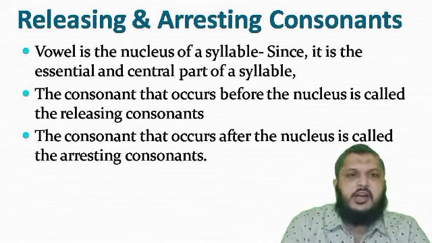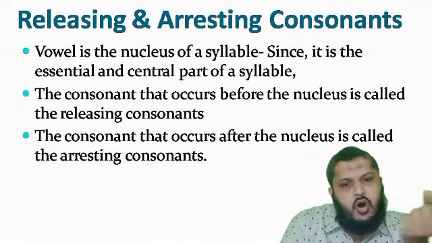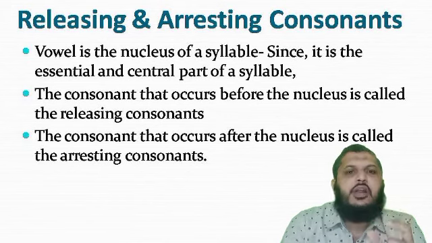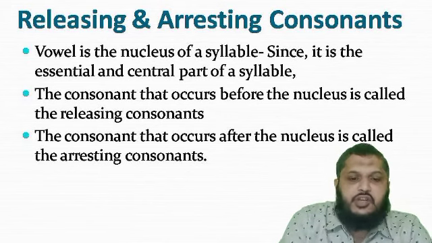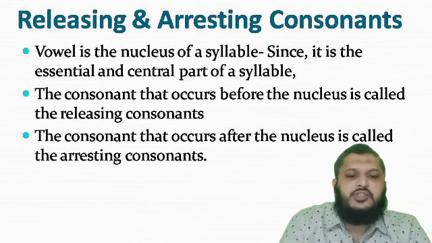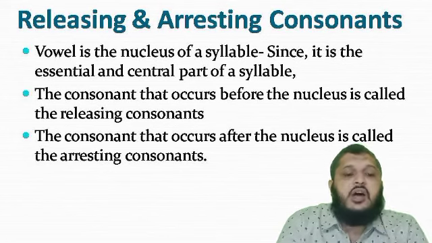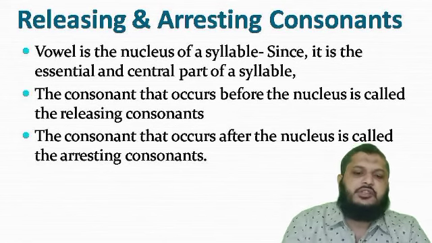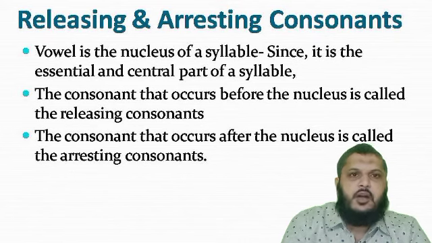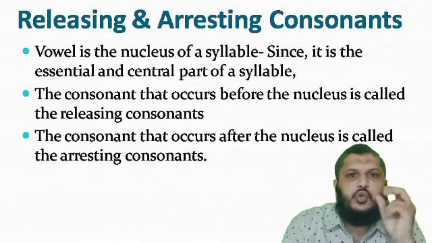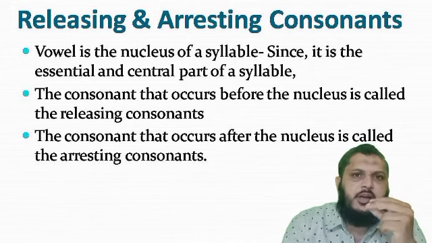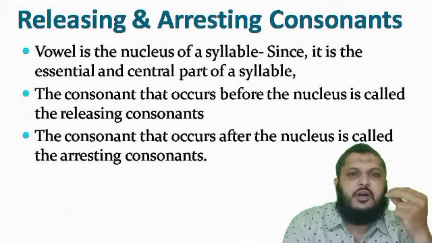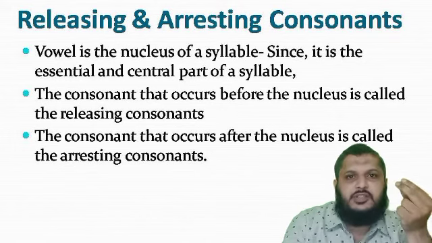I repeat, the consonant that occurs before the nucleus is called the releasing consonant. The consonant that occurs after the nucleus is called the arresting consonant. So we have also learned two important terms, releasing consonants and arresting consonants.